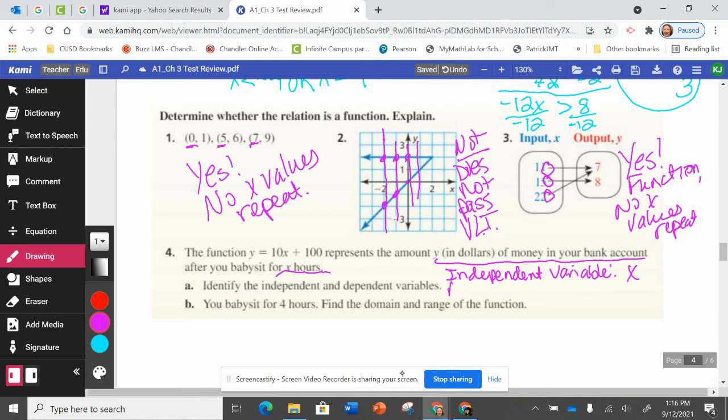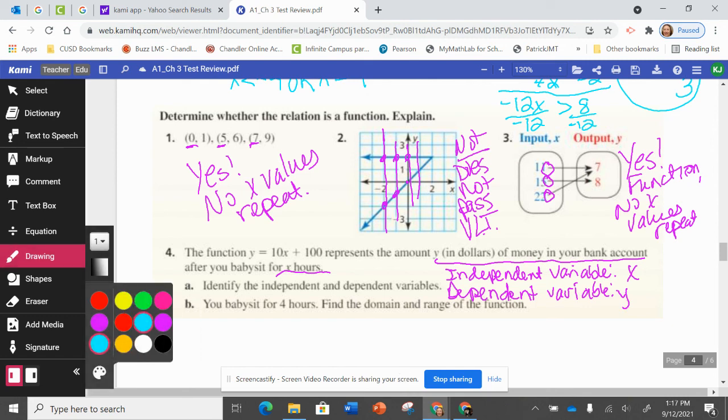So the question then is, does the amount of money in your bank account depend on the hours you babysit, or does the hours you babysit depend on the amount of money you have in your account? In this case, for this function, the money in your account depends on the hours you babysit. So as soon as you say depends on, that means that is the dependent variable.